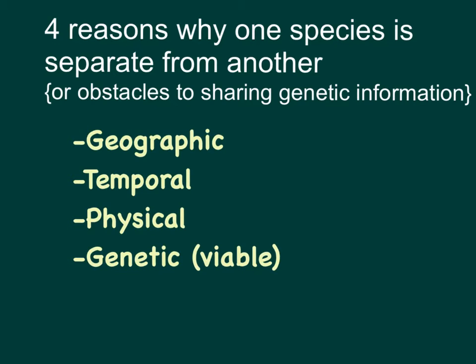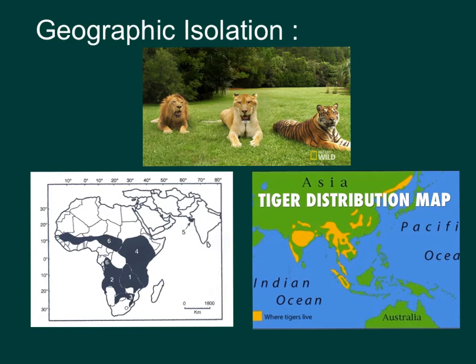We would use the word in science physiological, but it's okay for you to know the word at this point physical and what we will call genetic. Again, in science we would sometimes talk about genetic viability, but as a one-word reminder for the 4 reasons why populations cannot share their DNA, they are geographic, temporal, physical, and genetic. Let's look at each individually now.